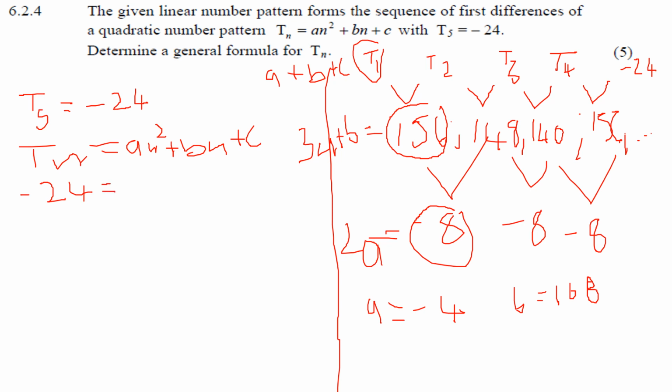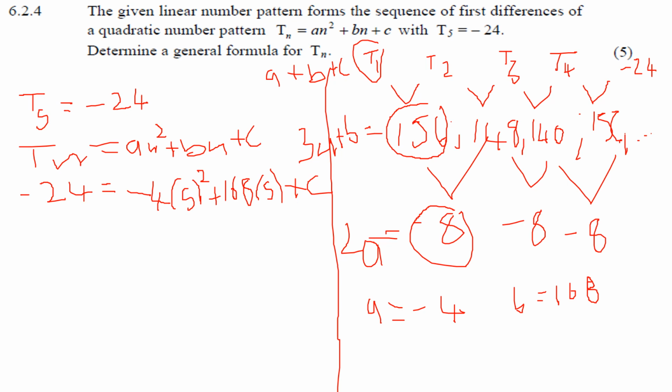The value of a is minus 4. Remember, the value of n will be 5 because it's the fifth term. Then plus the value of b, which is 168, multiplied by n, which is 5, and then plus c, which we are looking for.